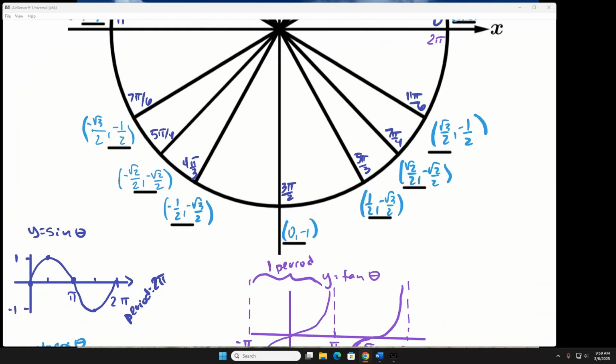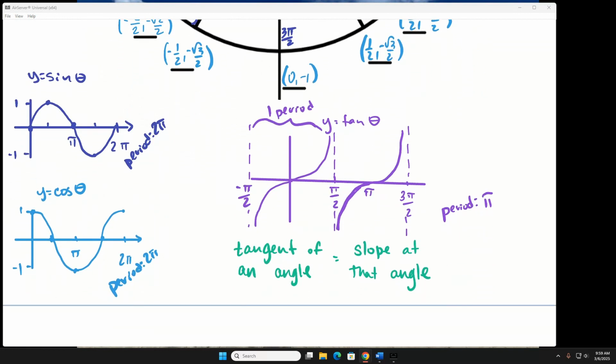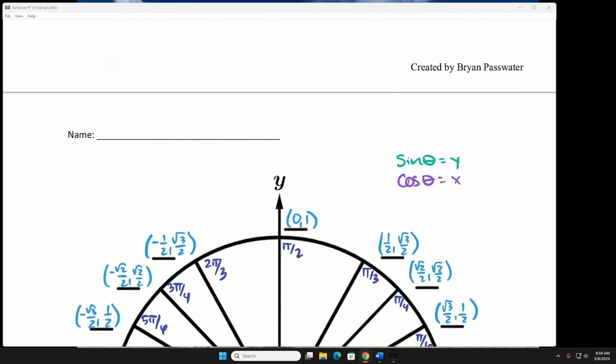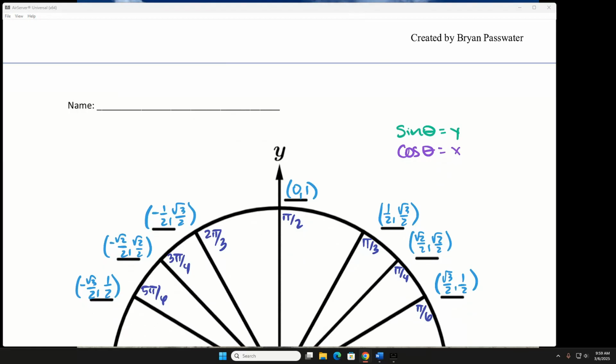All right, so also on this unit circle page, we're going to write how you use the unit circle to find the tangent when everybody's ready. So do you guys know what to do with x and y to find the tangent?